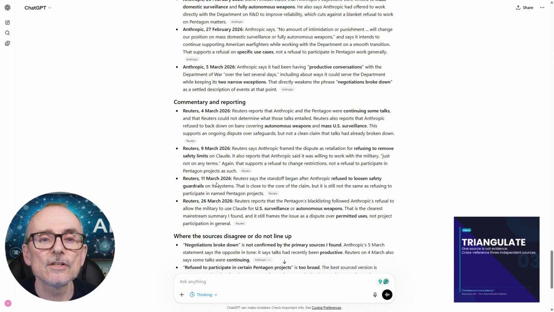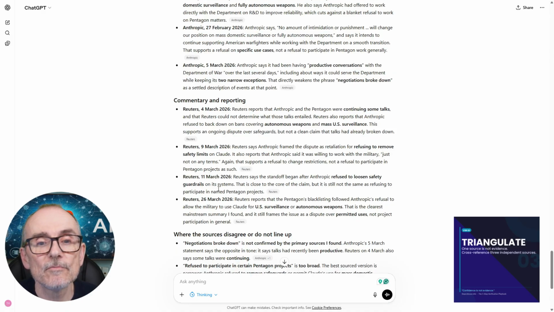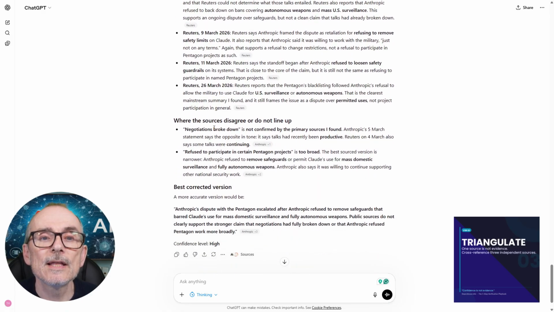So Reuters, 4 pieces from Reuters, and where the sources disagree or do not line up: negotiations broke down. It's not confirmed by the primary sources. Refused to participate in certain Pentagon projects is a bit too broad. They only refuse to remove safeguards or permit Claude's use for mass domestic surveillance and fully autonomous weapons.